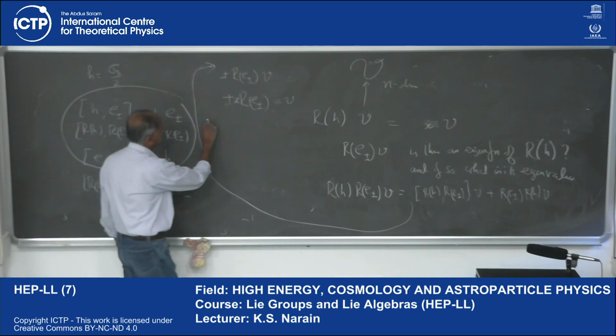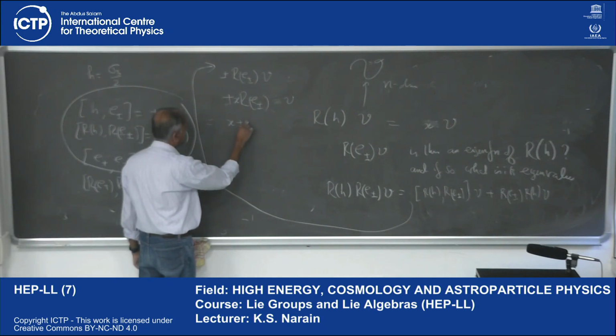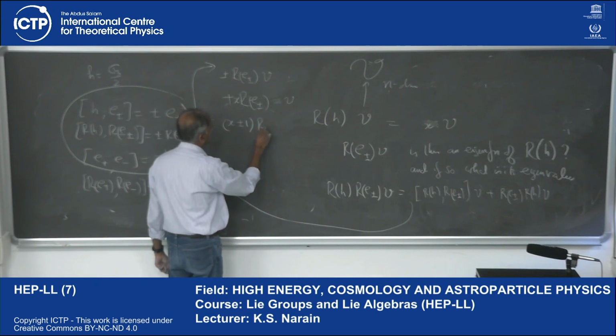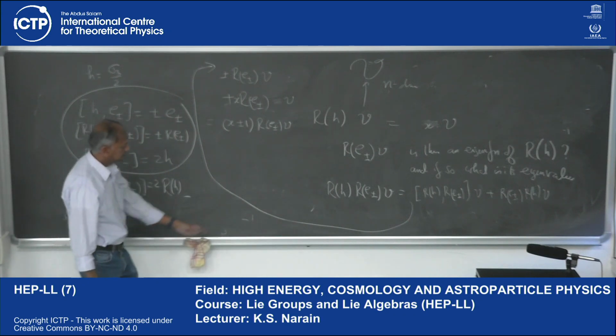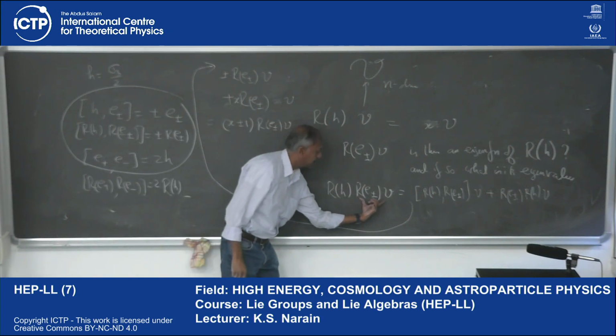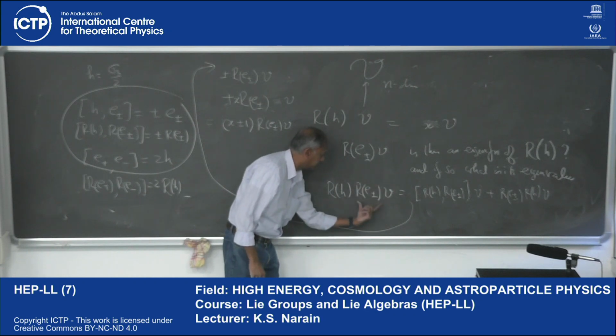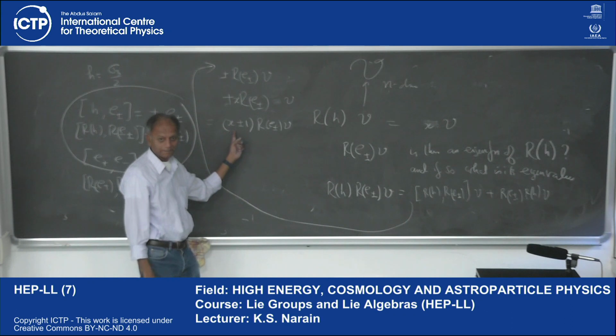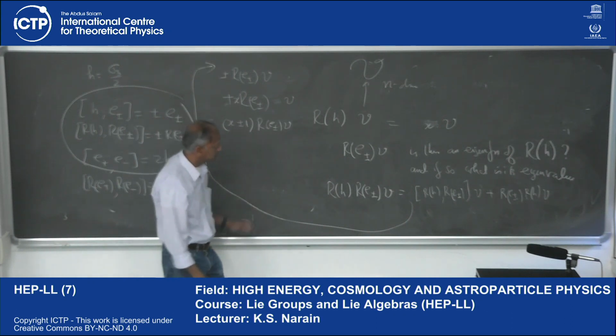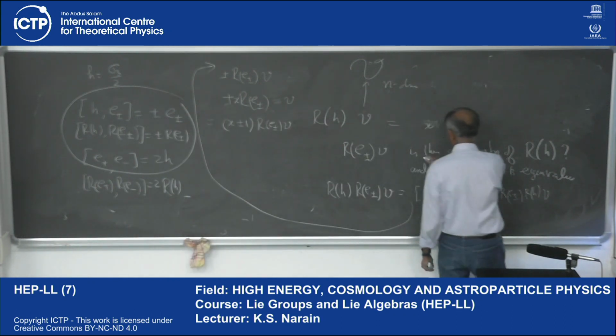So this whole thing becomes x plus minus 1 times RE plus minus B. So you see, RH acting on this vector, this is again a column vector, this is a particular column vector, is again the same column vector times this number. So the answer to this question is yes, it is.